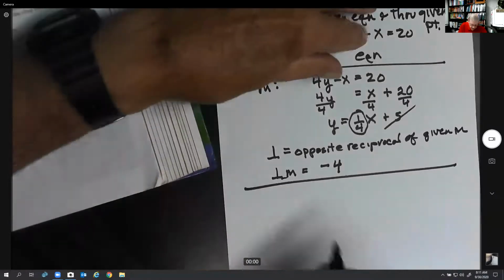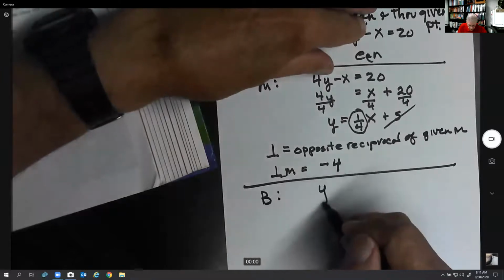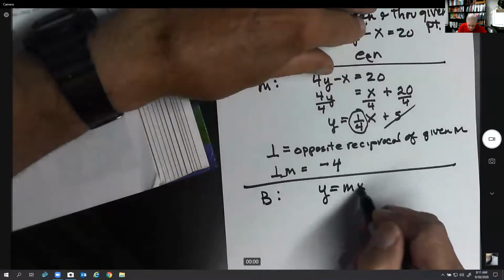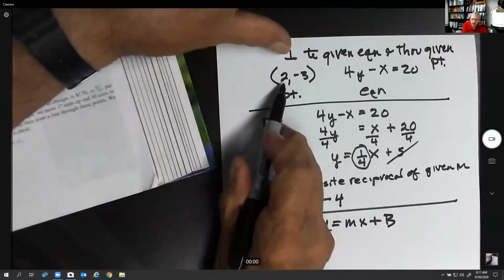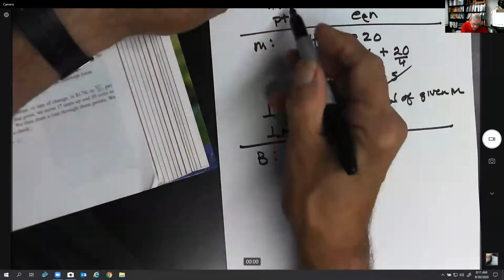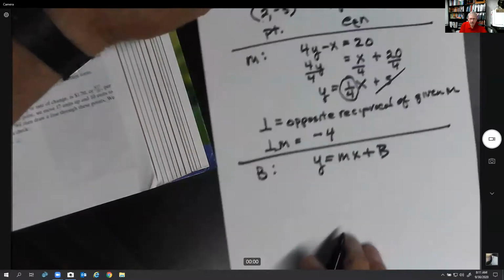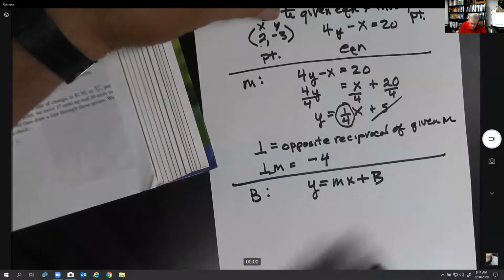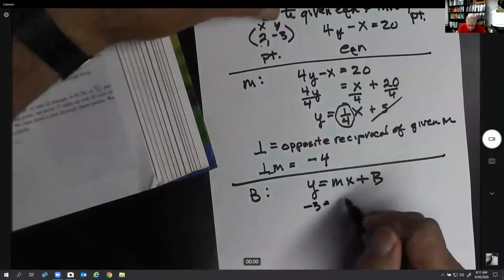Okay, next we've got to find b. Y equals mx plus b. Substitute in our point, 2, -3. Just be careful. You might want to label these and make sure. Y is your -3. X is your 2.